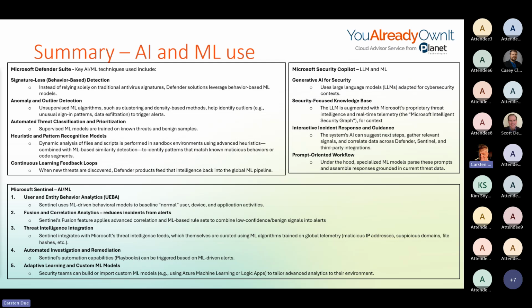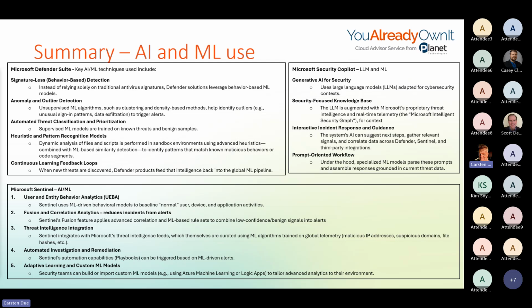So the key AI and machine learning for the Defender suite is listed here. I can find signatures, or I can find code that doesn't have a known signature yet. I can use the machine learning and figure out what is inside of that code and deduce that this is potentially a zero-day threat.